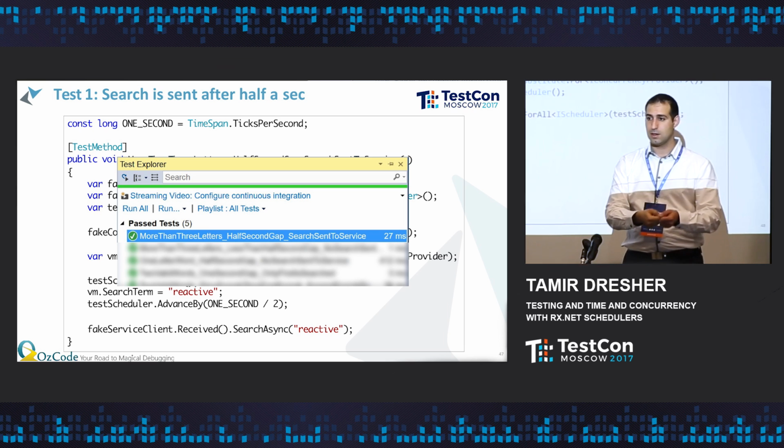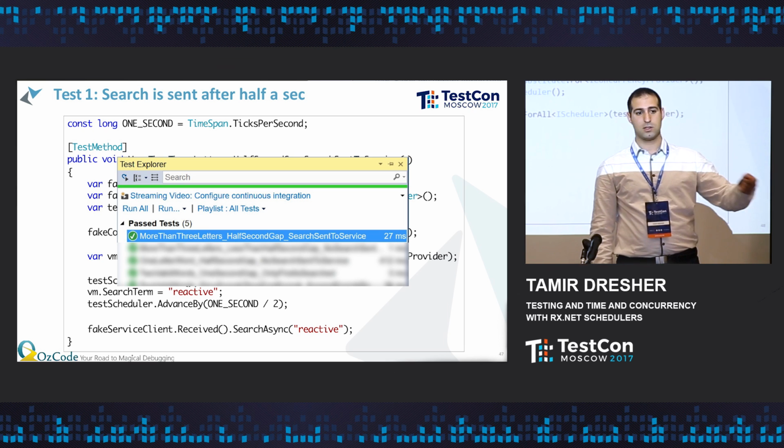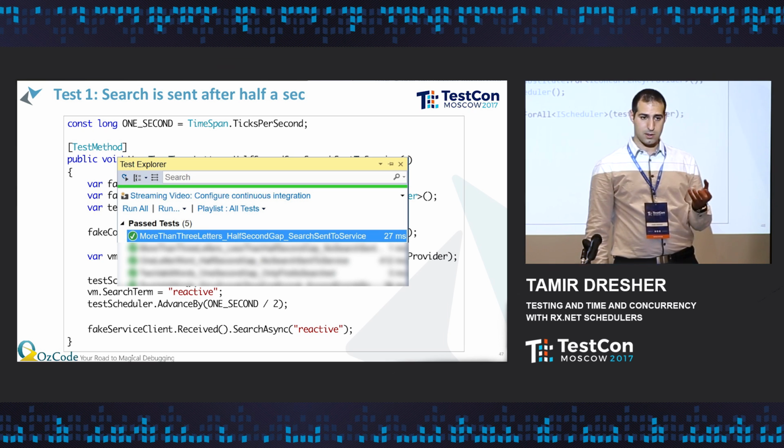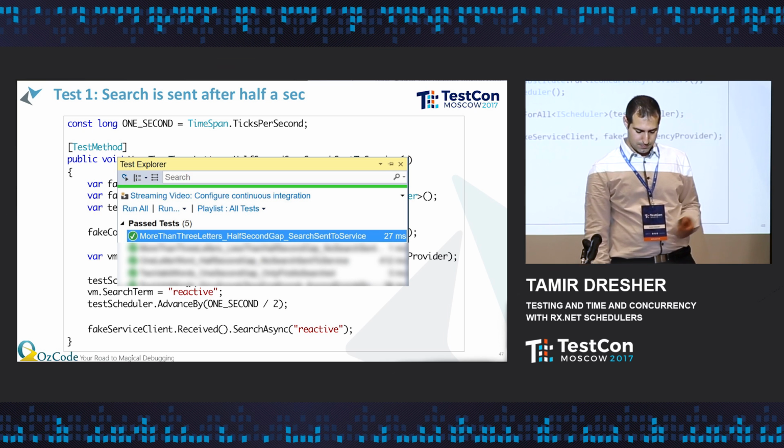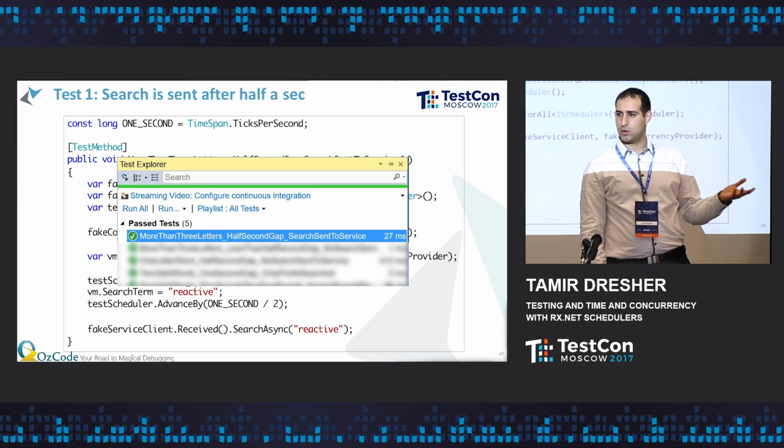In my testing, all the code inside my ViewModel that tries to use my concurrency provider will receive my test scheduler. So I'm creating my SearchViewModel, and I'm passing all the fakes.